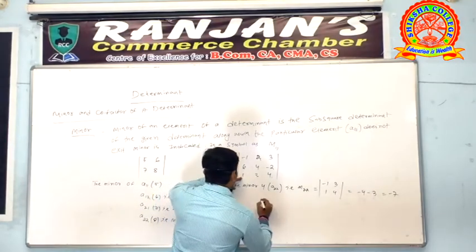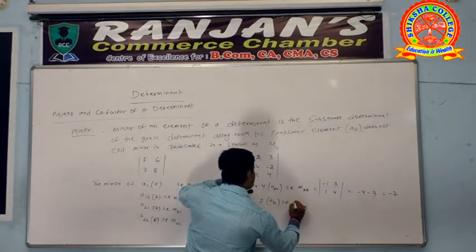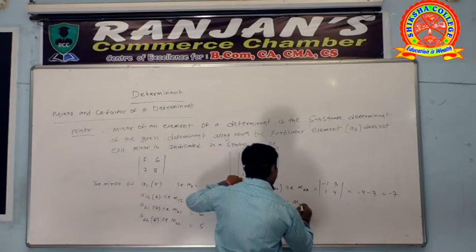What is the position? The minor of 1, that is A31, so we indicate it as M31.